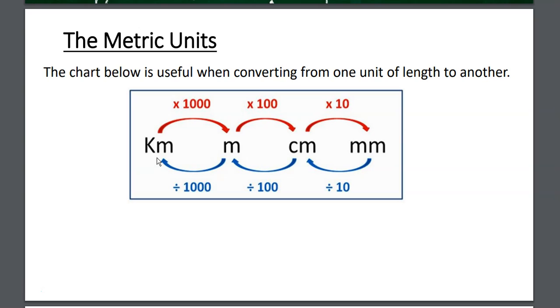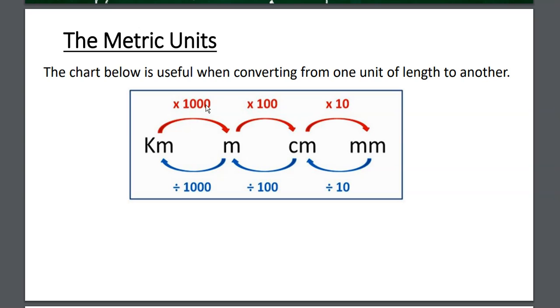So if I want to convert 3 kilometers into meters, I have to multiply by 1,000. Follow the instruction that is along that arrow, okay? If I want to convert kilometers into centimeters, I have to multiply by 1,000 and then multiply by 100. So 2 calculations.